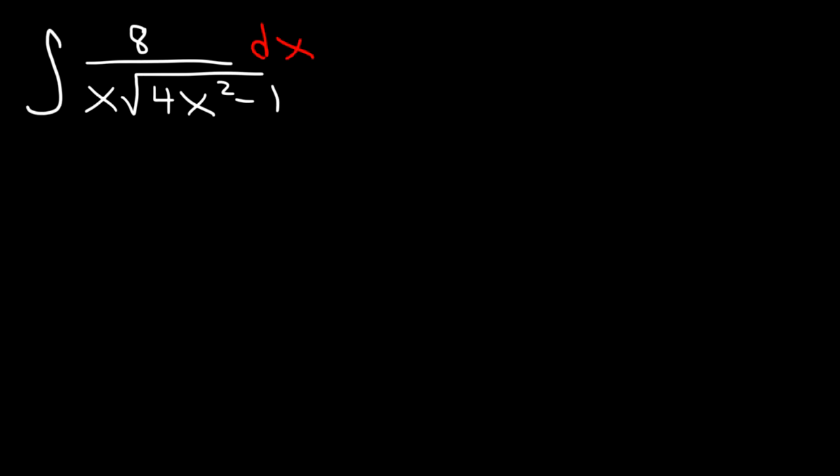Let's try this one. 8 over x times the square root of 4x squared minus 1 dx. So how should we begin? We'll notice that this setup is similar to the setup for the arcsecant formula, which has the square root of u squared minus a squared. So we could see that u squared is 4x squared, and the square root of 4 is 2.